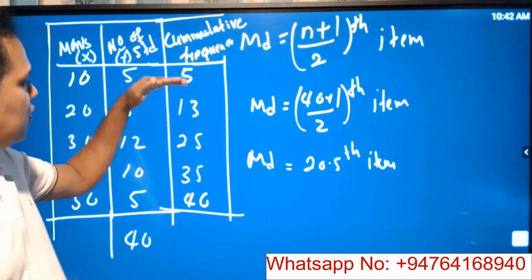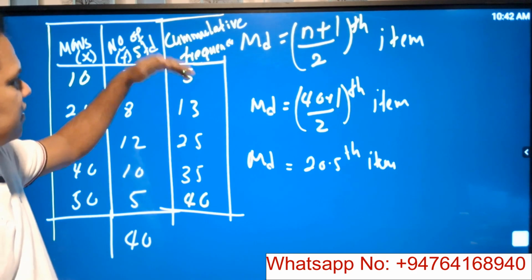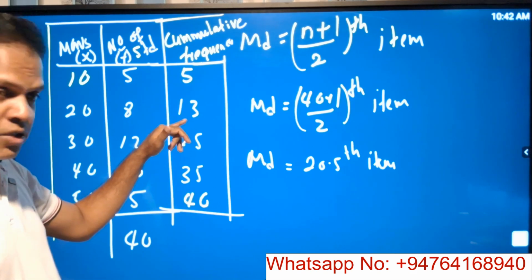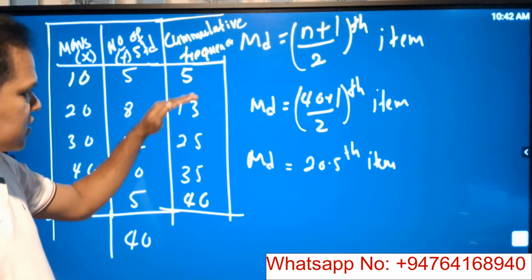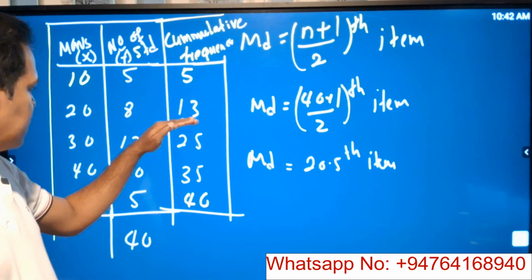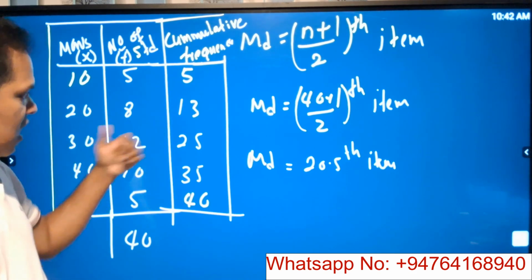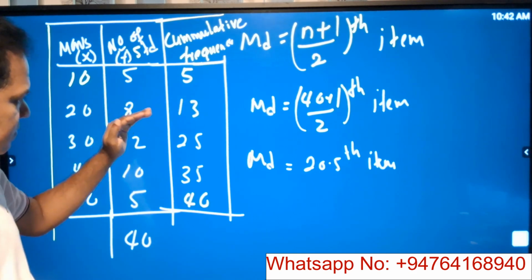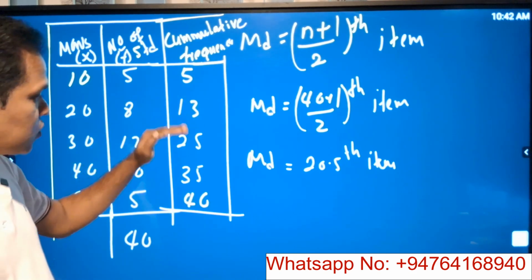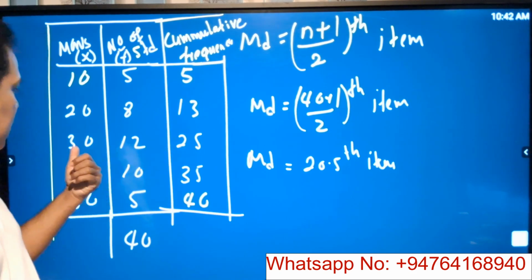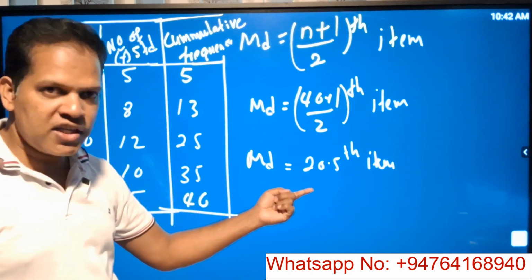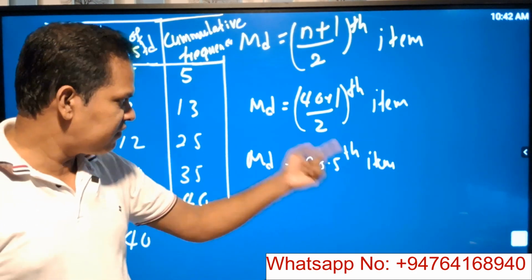The lowest marks of students are over at the first 5. After that, 6 students to 13 students take 20 marks each. However, 13 students are over from here. After that, the 14th to 25th students take 30 each. Now we are going to find which item? The 20.5th item.